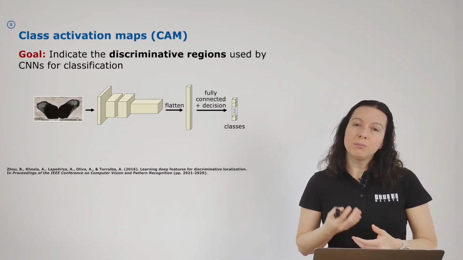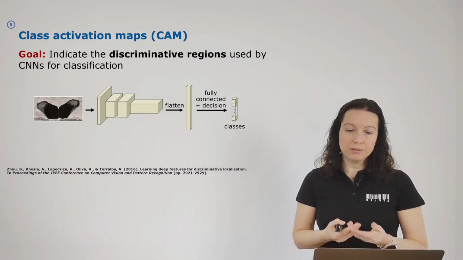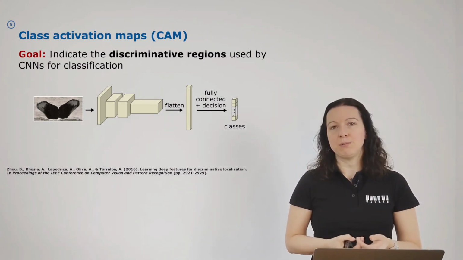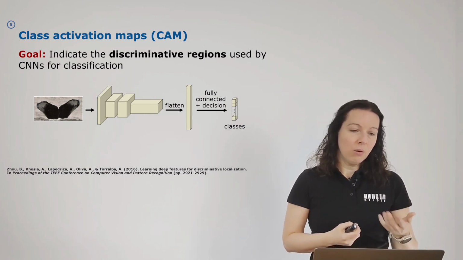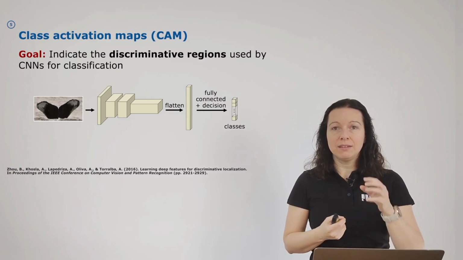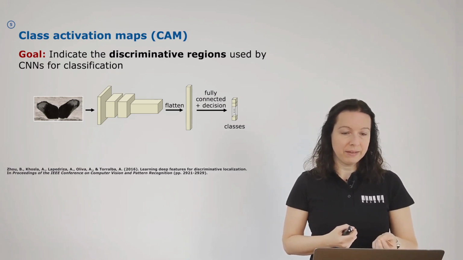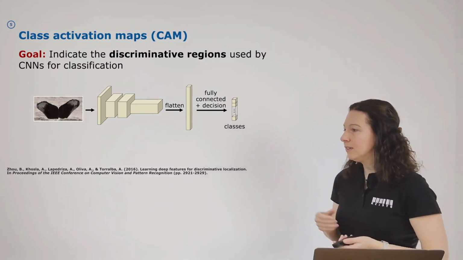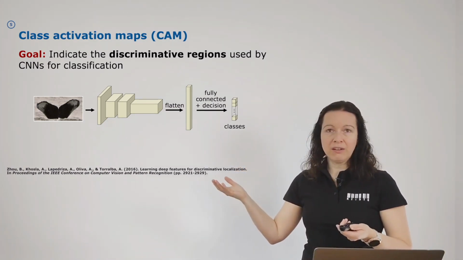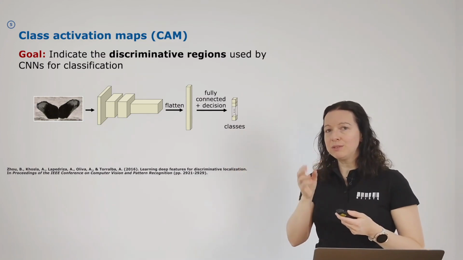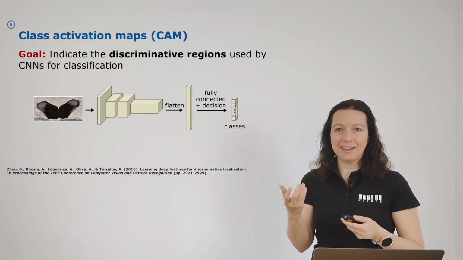And a method which was specifically designed for convolutional neural networks is called class activation maps, or short CAM. The goal of CAM is to indicate the discriminative regions used by CNNs for classification. So what you see here is such a typical convolutional neural network, but you will see it needs to be specifically designed for this.